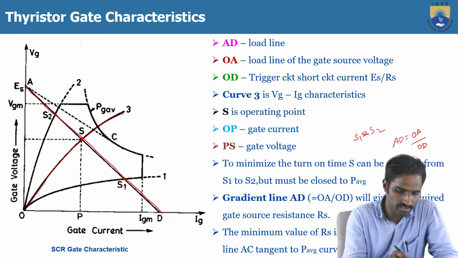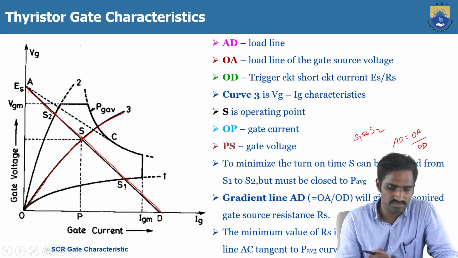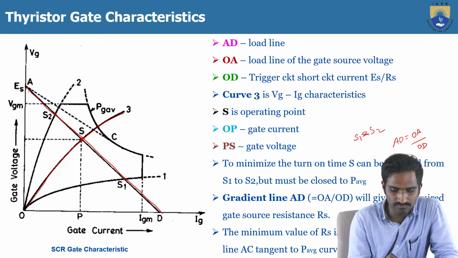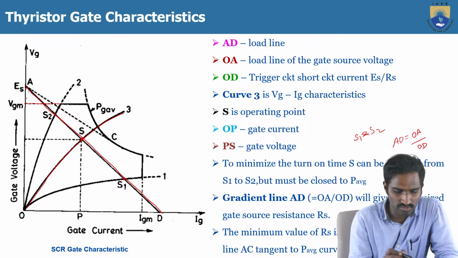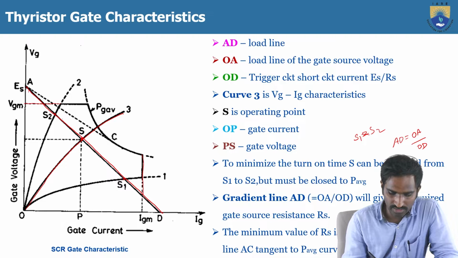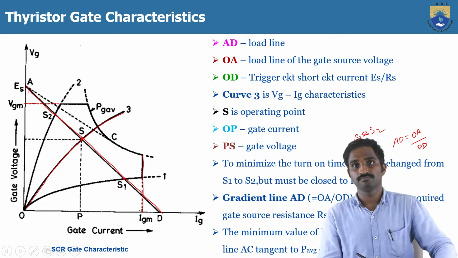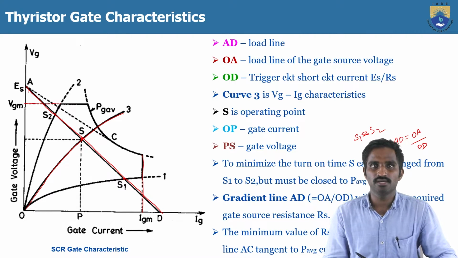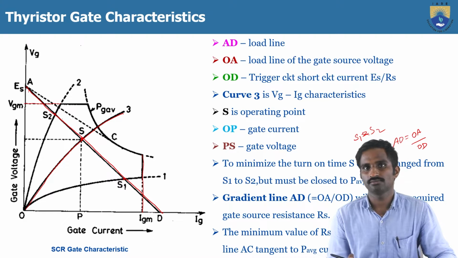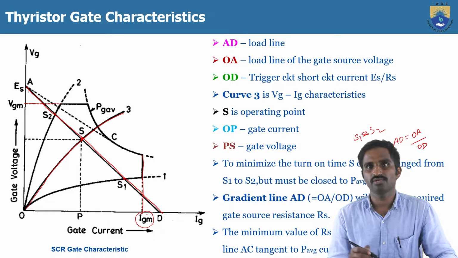Here OA represents, of course, there is a point called VGM, and on the x-axis another point, IGM. VGM is the maximum gate voltage that we can apply to turn on the thyristor, and IGM is the maximum gate current that we can apply.